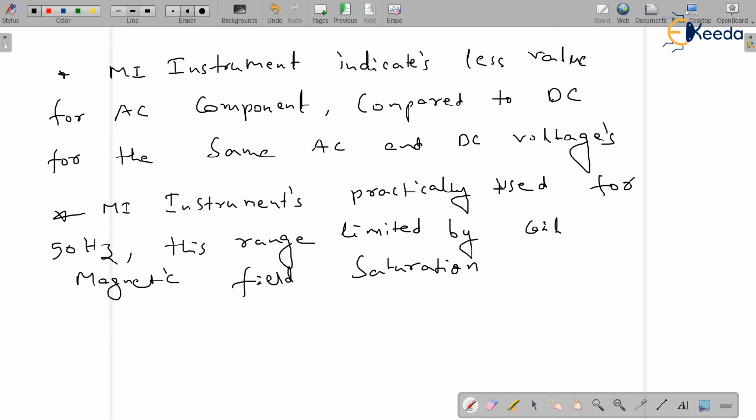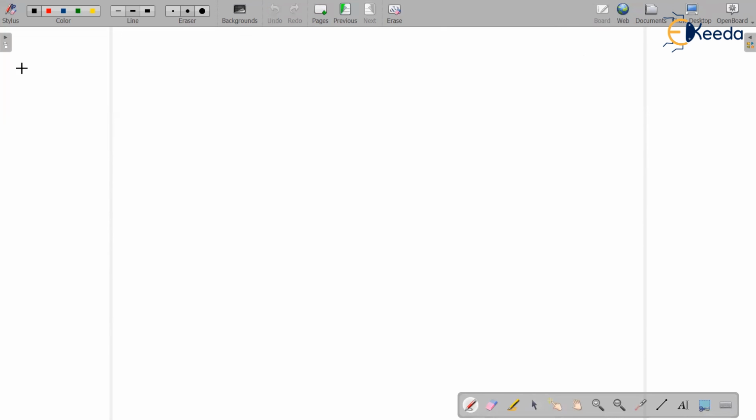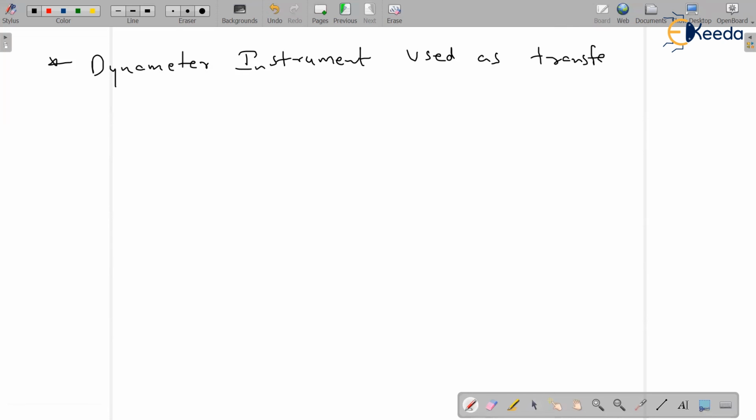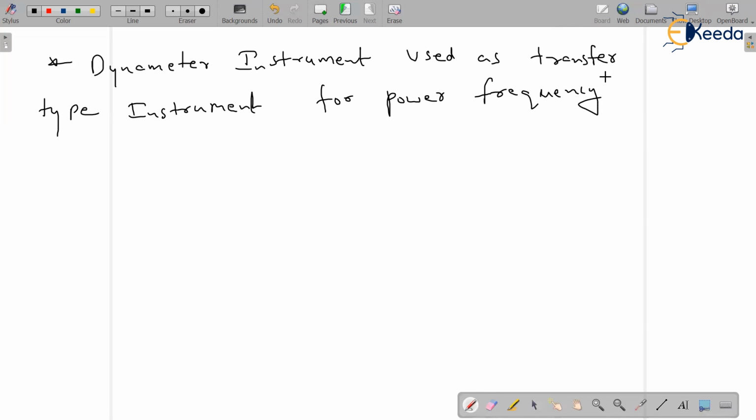The next, the dynamometer instrument is used as a transfer type instrument for power frequency, 50 hertz.